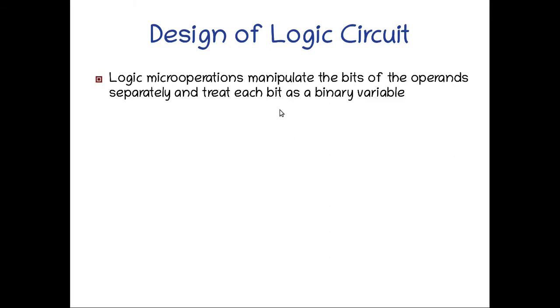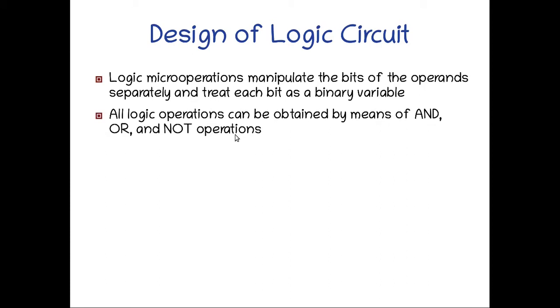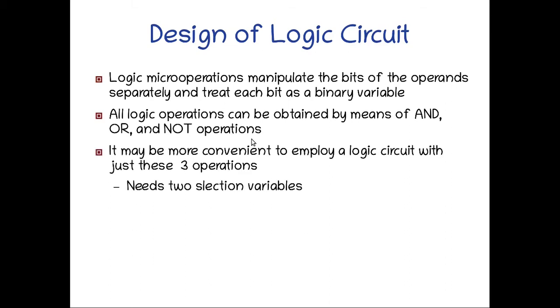Logic micro operations manipulate the bits of the operand separately and treat each bit as a binary variable. All logic operations can be obtained by means of AND, OR and NOT operations. It may be more convenient to employ a logic circuit with just these three operations.